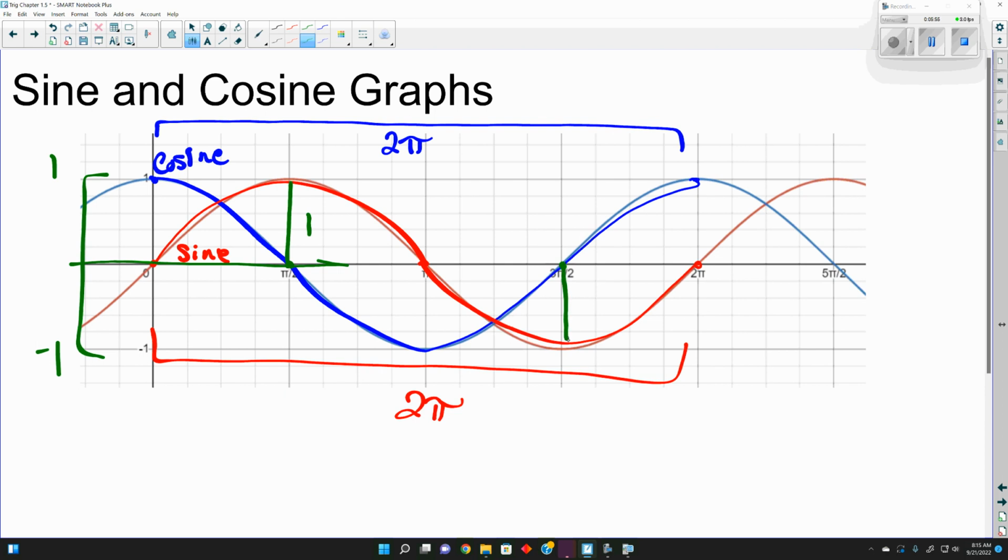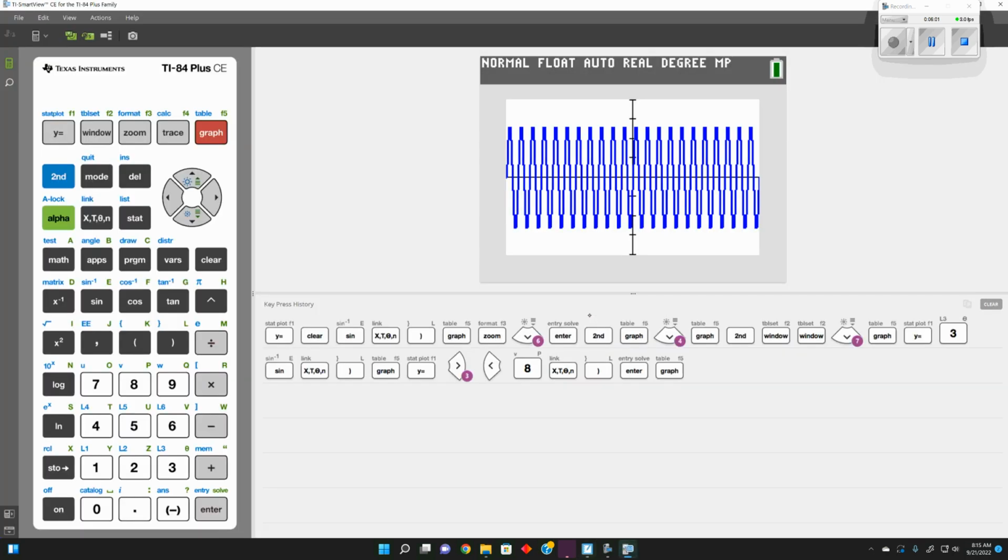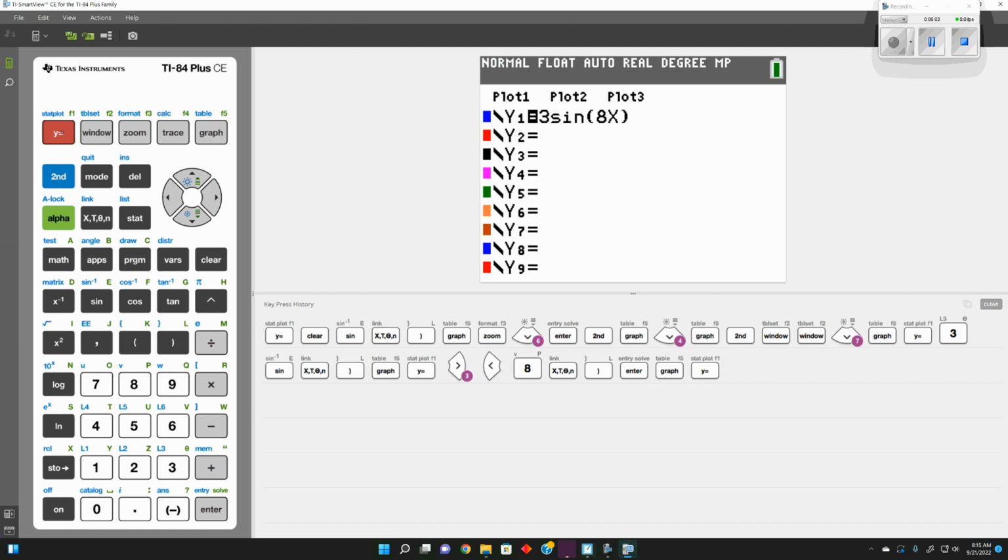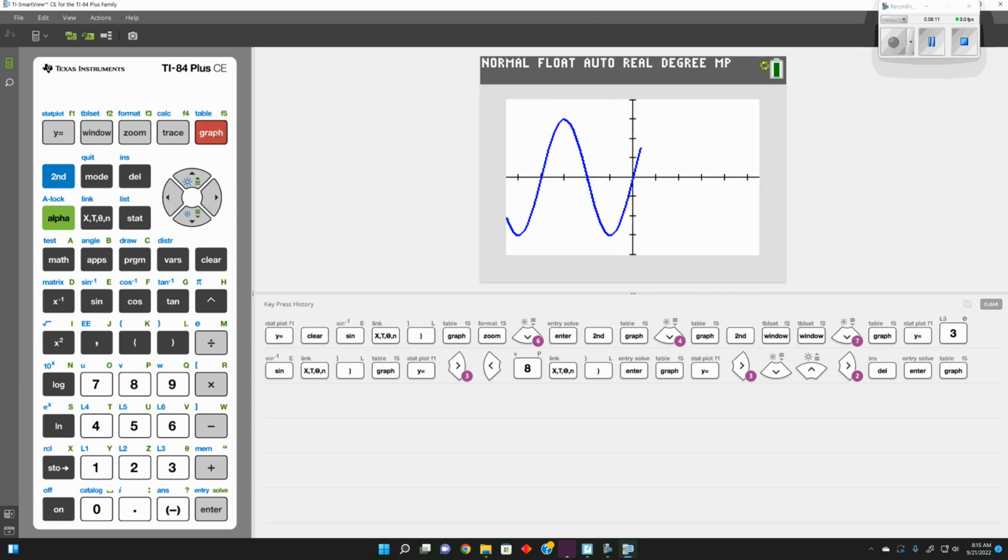Center to the maximum for here is 1. The same is true for cosine. Now, if we look back at this graph, I'll remove the 8, and we say 3. Well, now the distance from the center down to the lowest and highest points is a distance of 3. It's that amplitude.